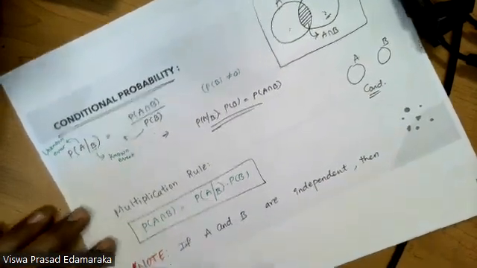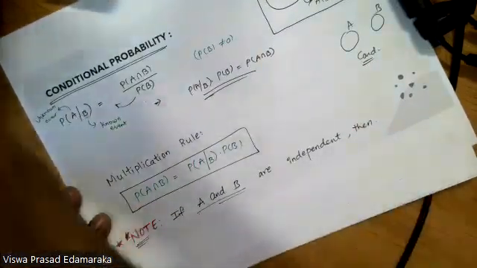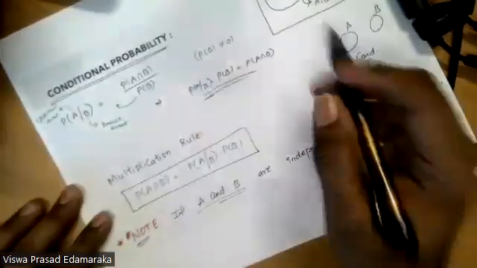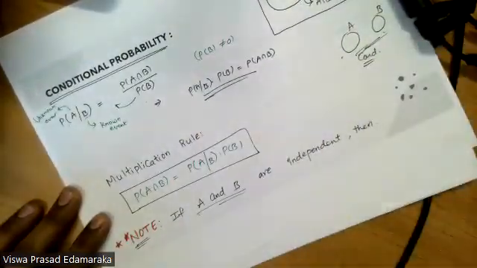This is a very important note. If A and B are independent events, like as I said earlier, what if both events are independent?